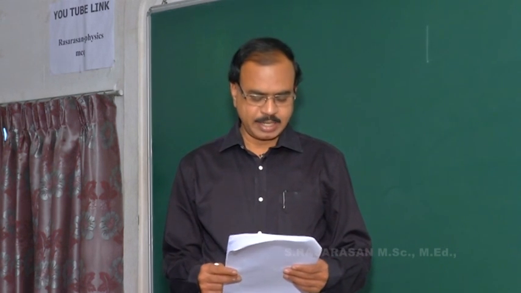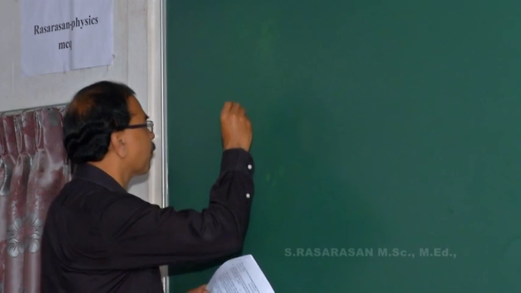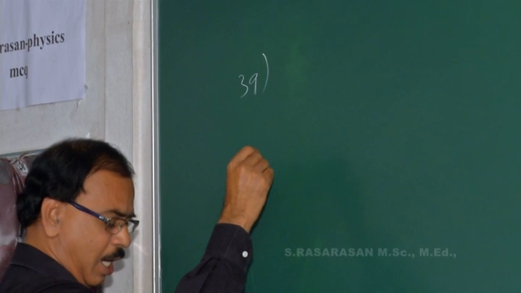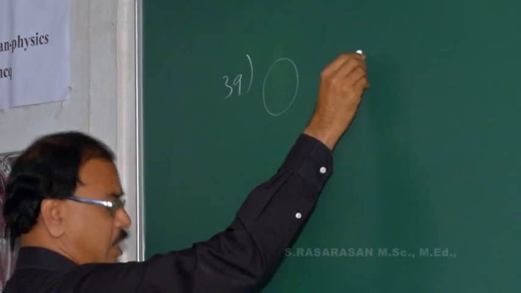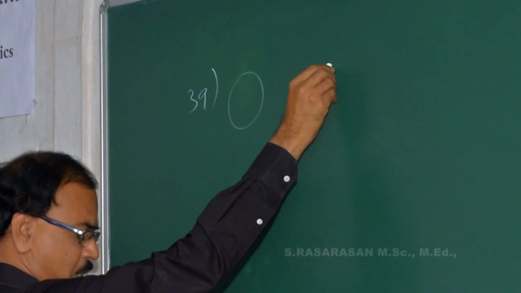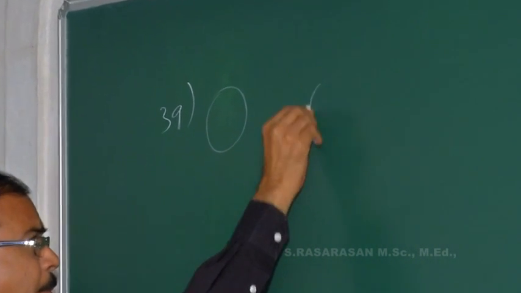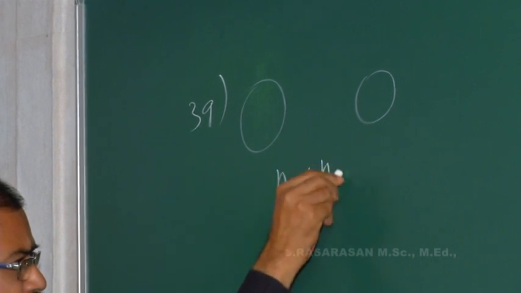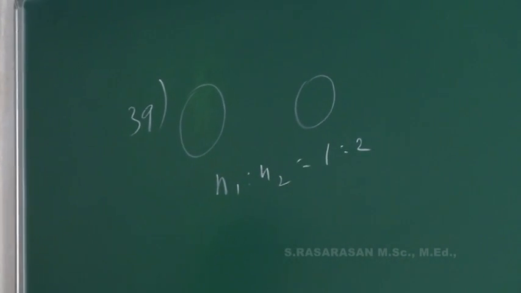Two circular coils have number of turns in the ratio 1:2 and radii in the ratio 2:1. Yes, this problem is also similar to the previous problem but with a slight modification. Listen. This is one circular coil and this is another circular coil, having turns ratio N1 is to N2 given as 1 is to 2.